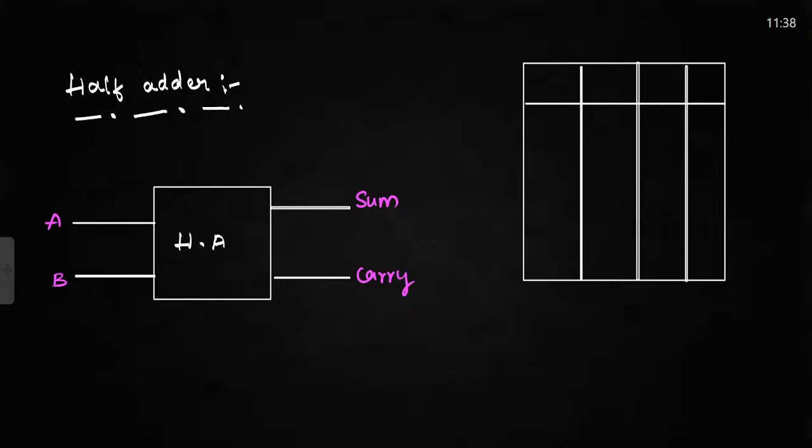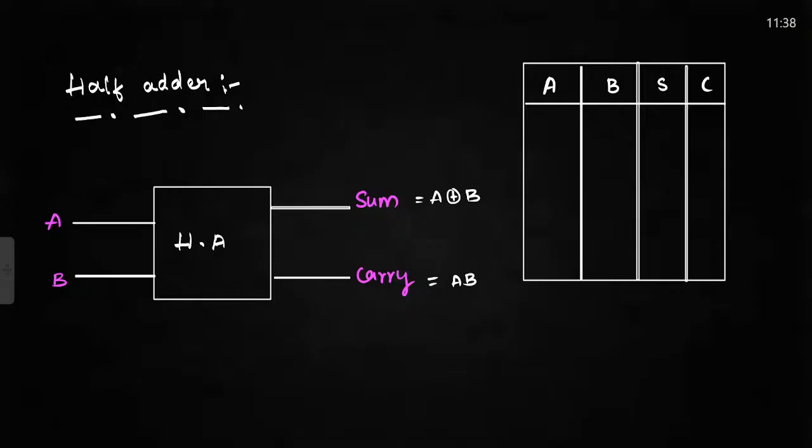Now what does it generate? First we will write inputs A, B, sum, carry. So what is my output equation for sum? That is A XOR B, and my carry equation is A B. Now let us try to implement this one.